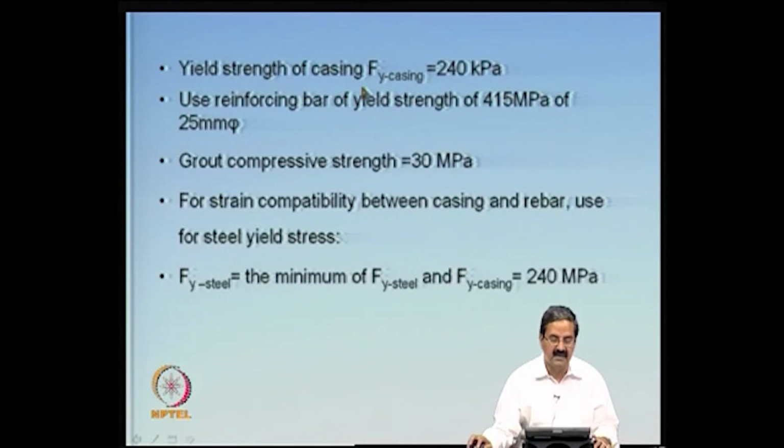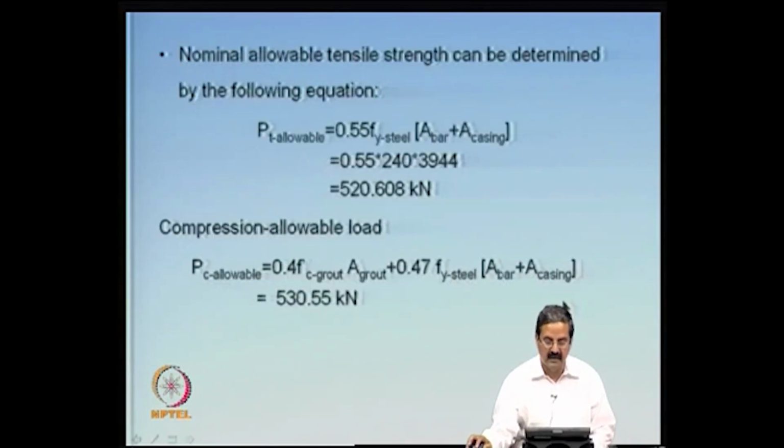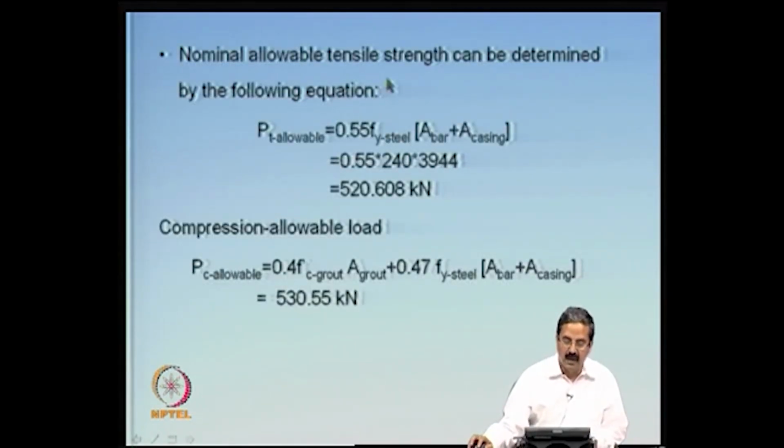As I just said, yield strength of the casing is 240 MPa, and reinforcement bar of 415 MPa and 25 mm diameter. Compressive strength we know, strain compatibility too, we have seen this formula, and 240 is the minimum I had taken, and normal allowable tensile strength can be determined using this equation.